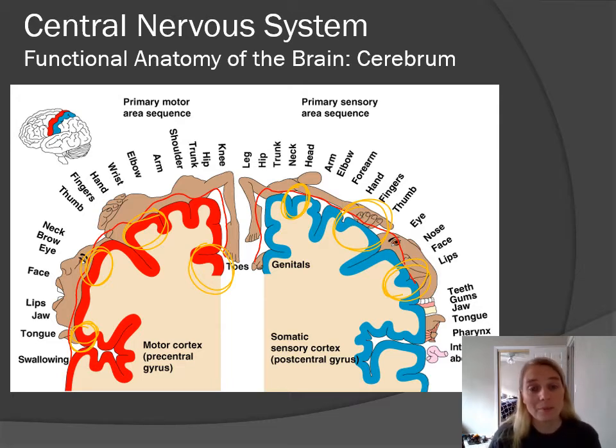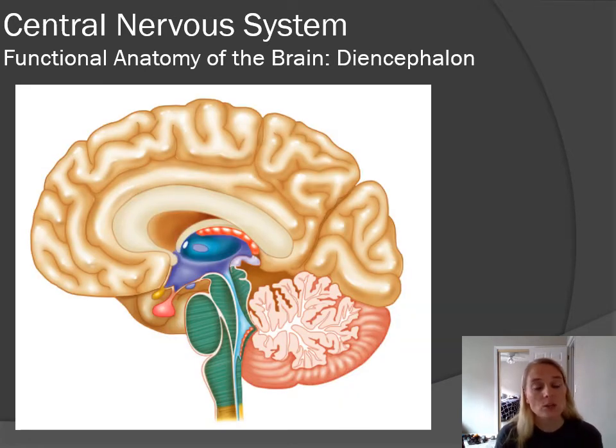So they physically map these out on people's brains, since that's how they know where these primary motor and primary sensory areas are found. So if there's damage to any parts of those brains, then they can predict that that patient might have some issue either controlling that part of the body or receiving sensory information from that part of the body. Okay. All right, so now let's move on.